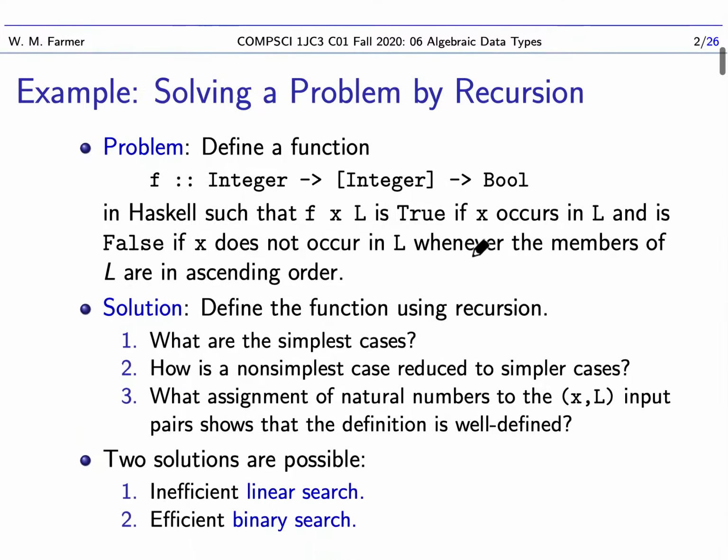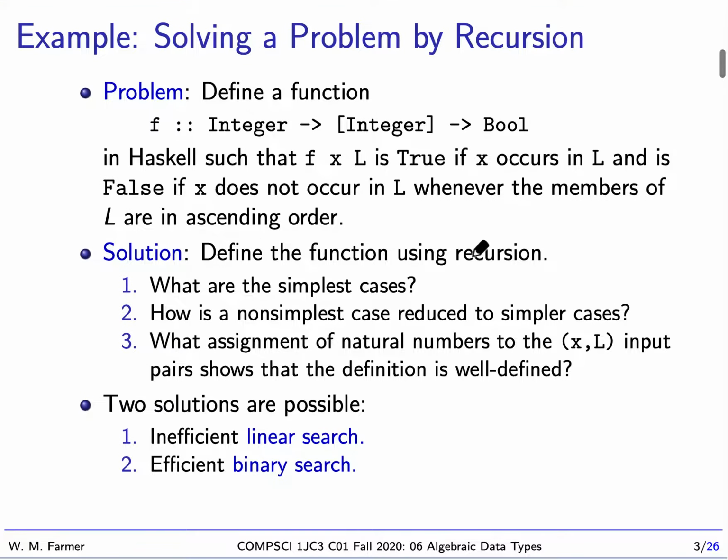Okay, so I want to next talk about an example of solving a problem with recursion. We talked a lot about recursion. Let's review how you would solve a problem by recursion. The problem we have here is we want to define a function of this type.